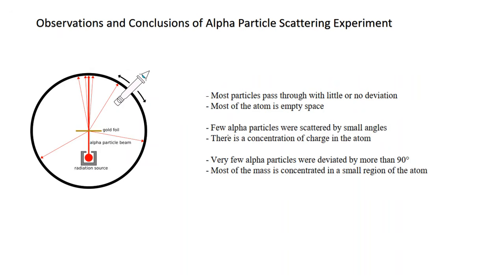Then, actually, chronologically, alpha particle scattering experiment was prior to the electron diffraction. So let's see. In the alpha particle scattering experiment, we got to learn about the structure of an atom.